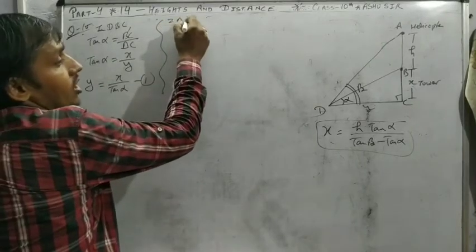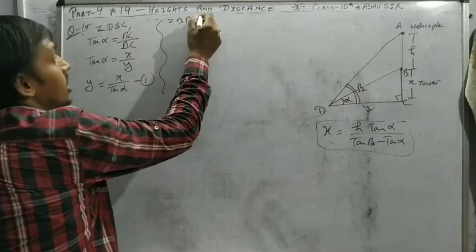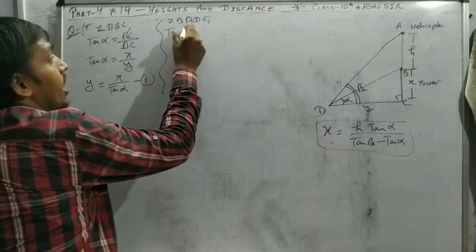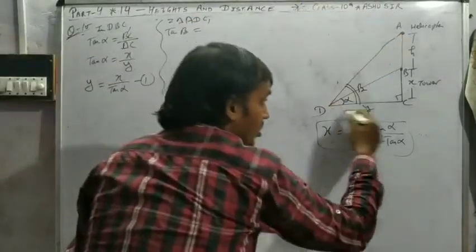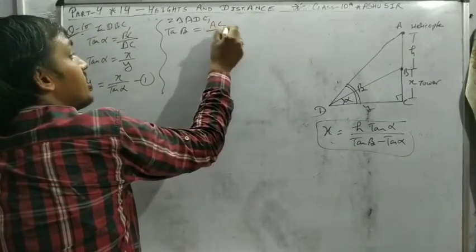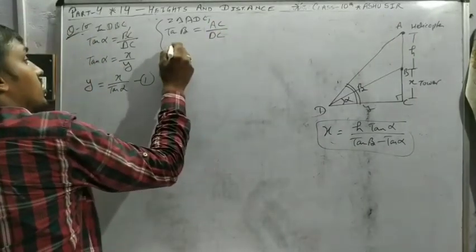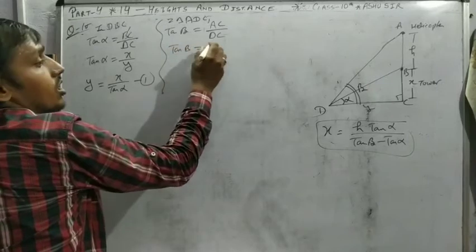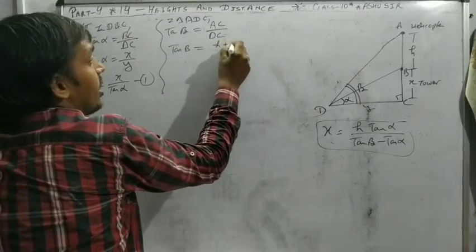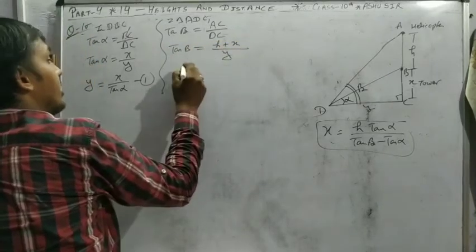Then in triangle ADC, it's a whole big triangle, perpendicular AC, base DC. Tan beta, AC is h plus x, DC is y.